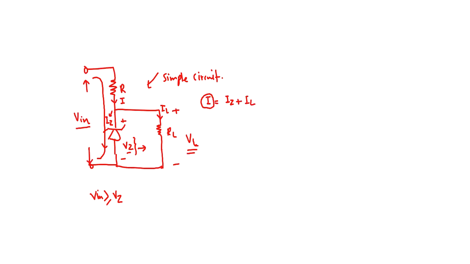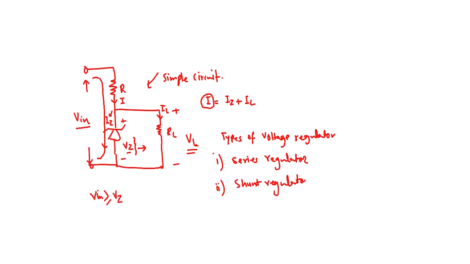Now there are types of voltage regulator. So the first one is called the series regulator. The second one is called the shunt regulator. We'll see in a moment what these are.